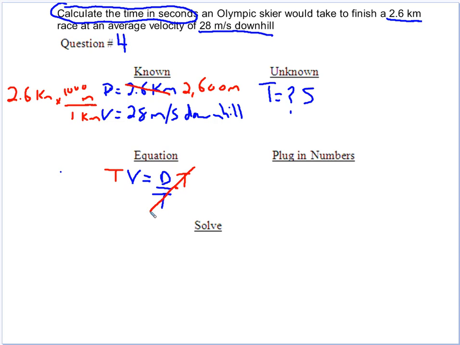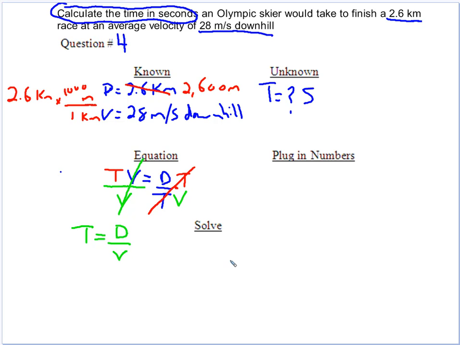And we're not quite done yet because we still want to make sure that we get t by itself, so we need to divide both sides by v. And that cancels our v. We'll clean this up a little bit and we get time equals distance over velocity.